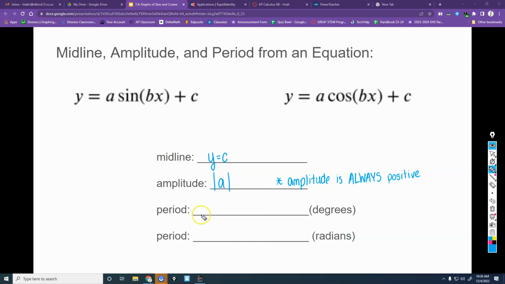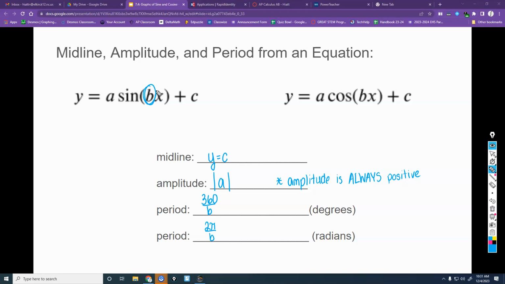So the period of a function, if you're in degrees, is 360 divided by b. If you're in radians, it is 2 pi divided by b. B is this number here beside your x. Okay?